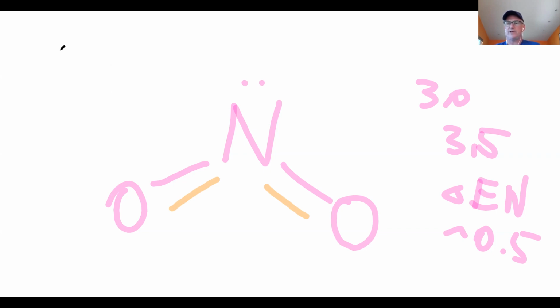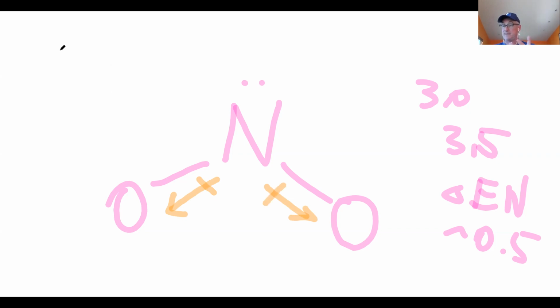Is the arrow going to be pointing toward the nitrogen or toward the oxygen? Towards the oxygen, right, the oxygen is more electronegative. So they're both going to be pointing toward the oxygen. And then my plus goes there.